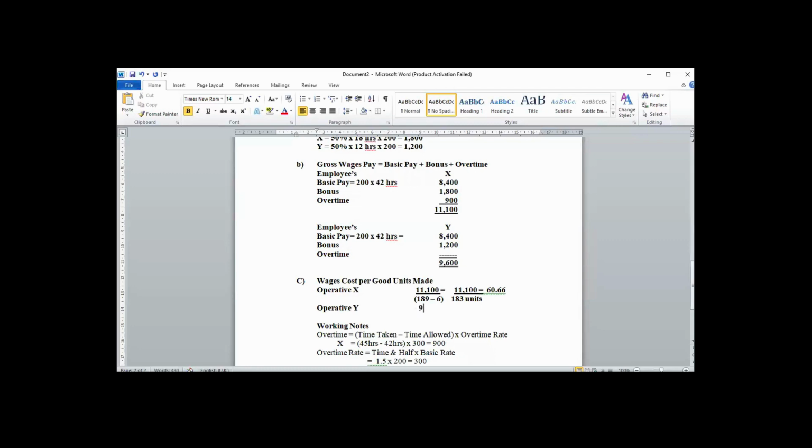This one has total wages of 9,600, divided by 204 minus how many units that are bad? 4, sir. 4.